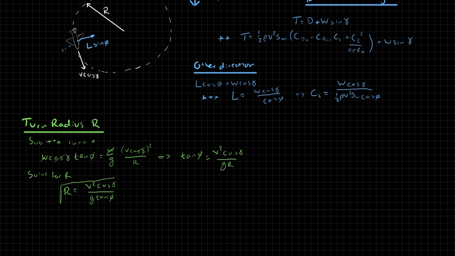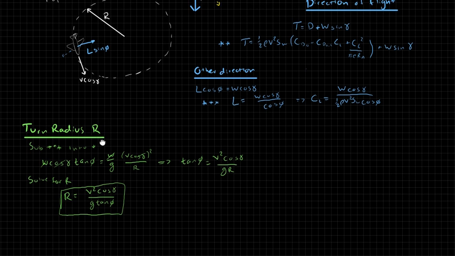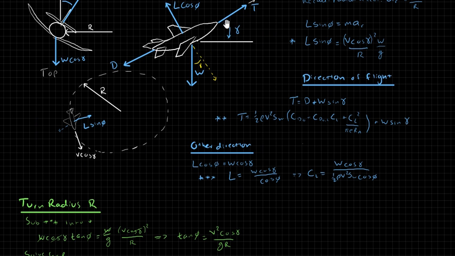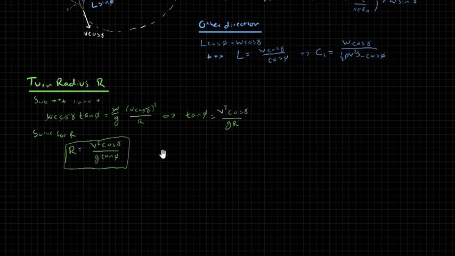Great, so there we have it. There's our turning radius. Okay, so what else might we want to know? Well, it might be interesting for us to find out what gamma is. We want to know what the climb angle is based on our different parameters like our thrust, lift, drag, things like that. So let's look at that.